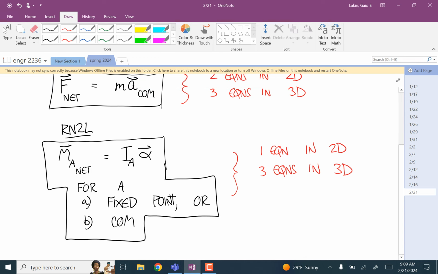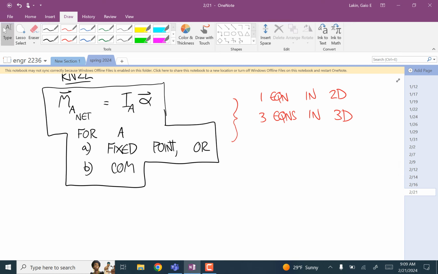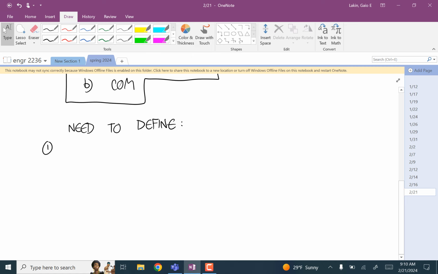That might be a little more background than you need right now, but in order to use these equations, we need to define three things that we haven't talked about yet in this class. The first one is the center of mass.